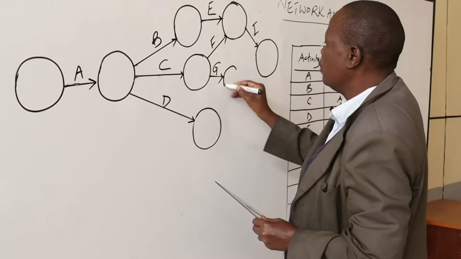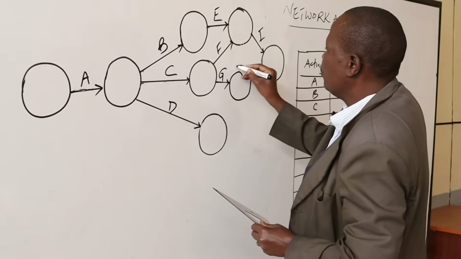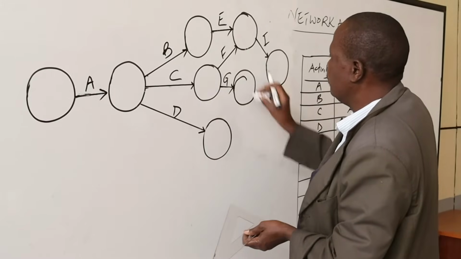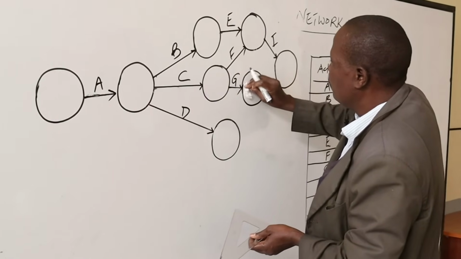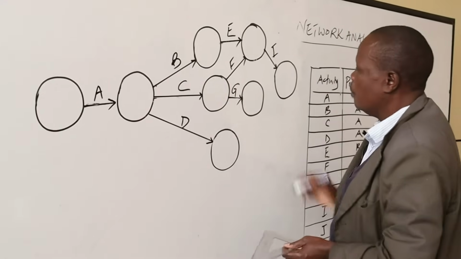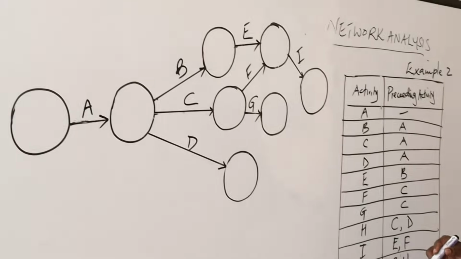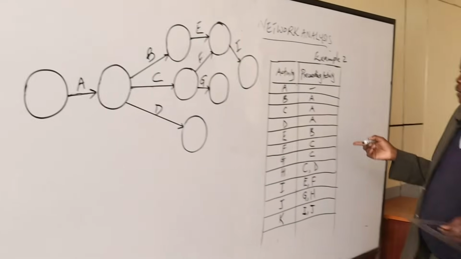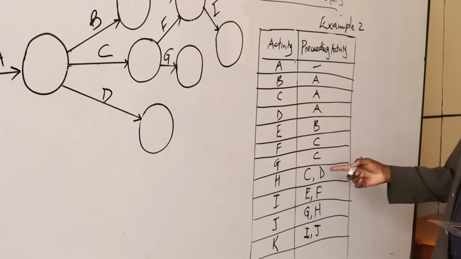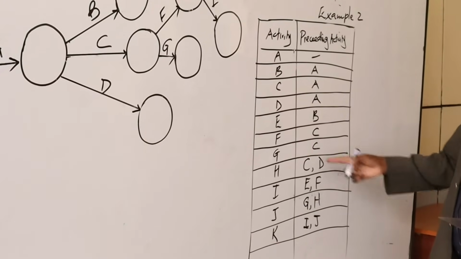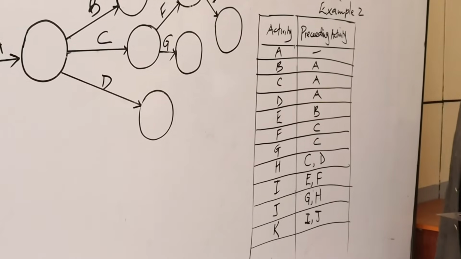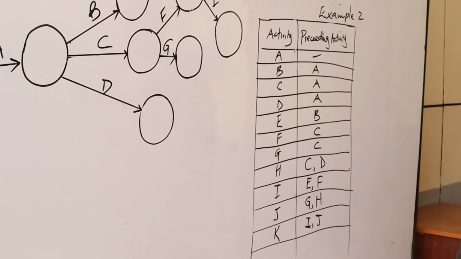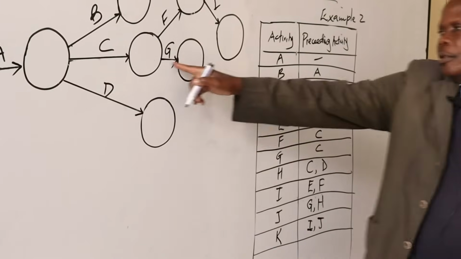Then we draw a node, which represents the completion of that activity G. Then, according to the information, C and D are converging to give rise to H, which converges with the G.